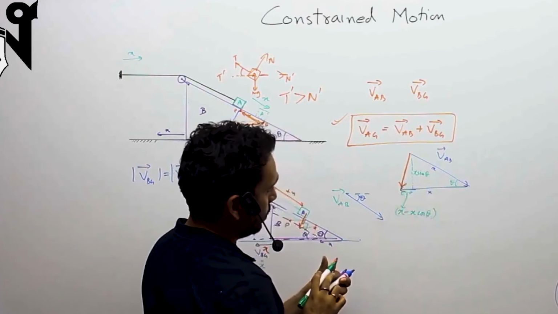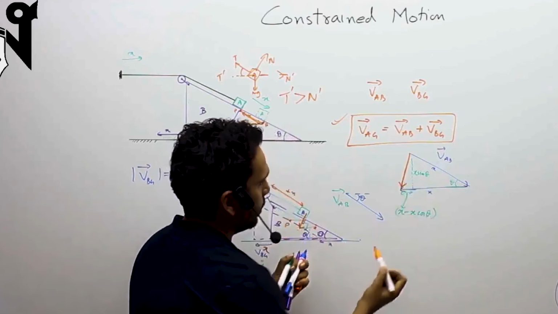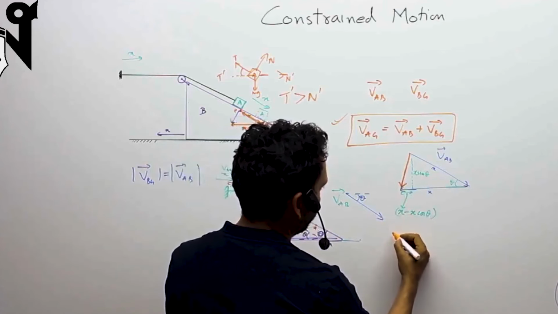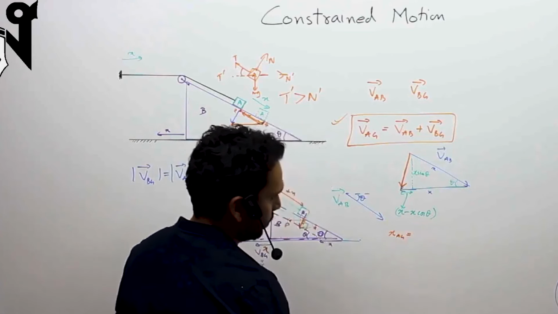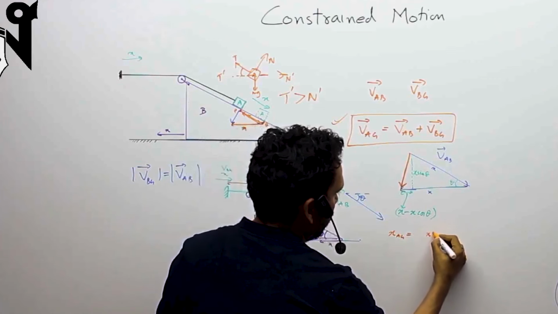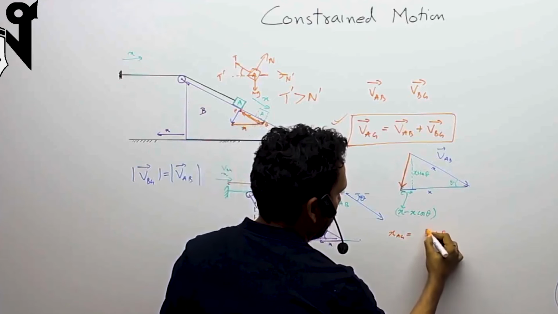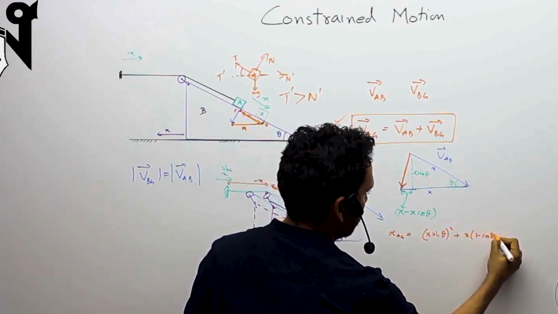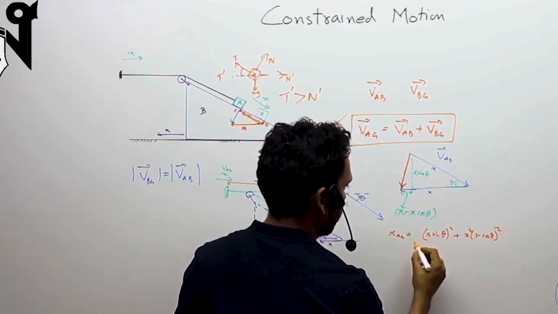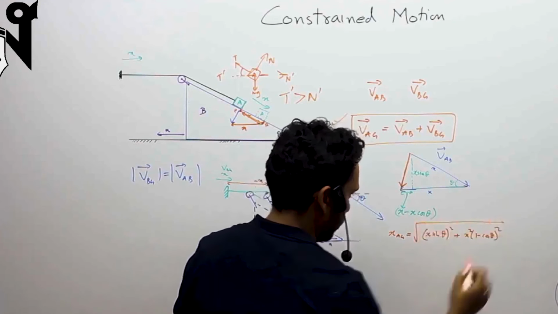Hence that orange line, the displacement of A with respect to ground, is going to be the square root of x sine theta whole square plus x common 1 minus cos theta whole square.